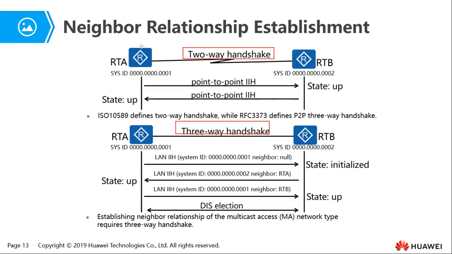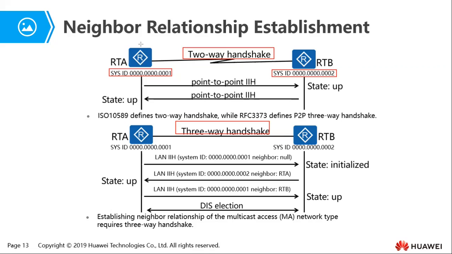Now, in an IS-IS domain, every router will be defined by a unique system ID. So I think we just looked at this in a previous slide. The system ID is like the router ID when it comes to OSPF.